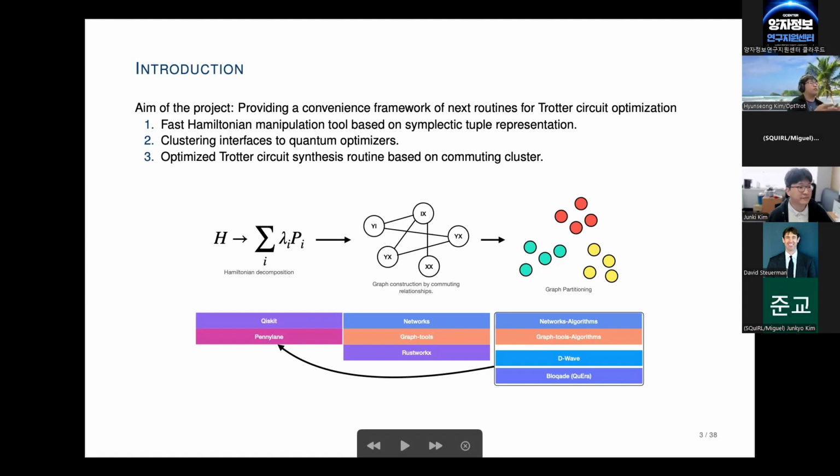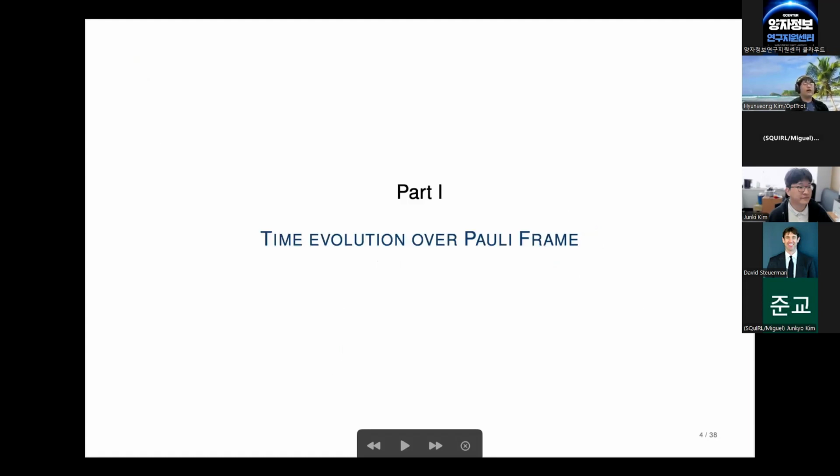These processes are a composition of various routines, and in practice we have to combine various libraries. So in the OptTrot library we developed a unified version of this process and a circuit synthesis library during the mentoring.